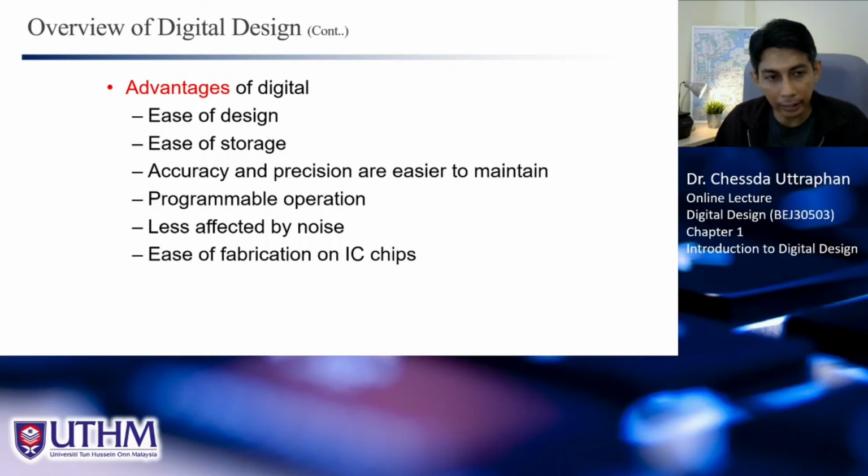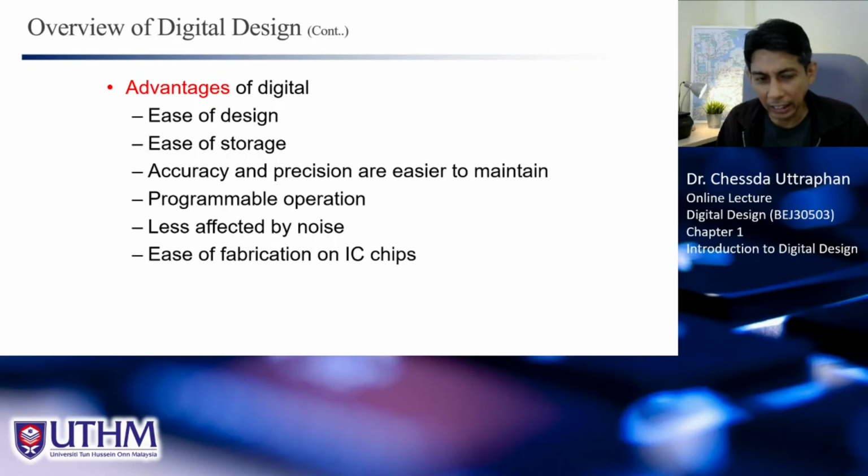You will learn in detail in year 4 how we fabricate the IC. But here now you should know that fabricating the transistor is relatively easy as compared to fabricating analog components or devices. Analog devices, for example, are capacitors, inductors, resistors. Those are very difficult to fabricate on semiconductor.